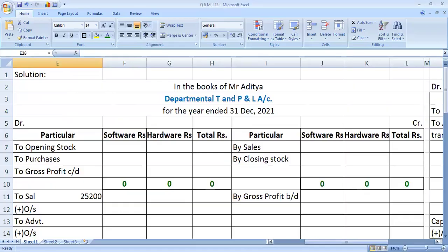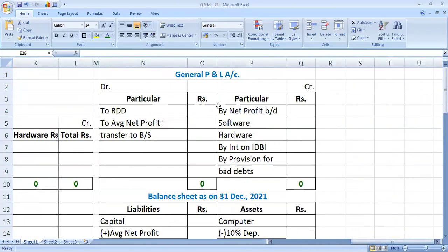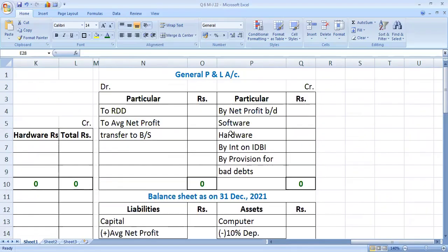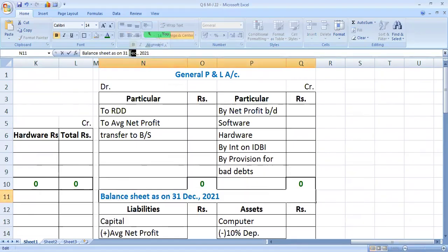Number two, general profit and loss account, particulars, rupees, debit side, credit side. And number three, balance sheet as on 31st March 2021, liabilities, assets, rupees.